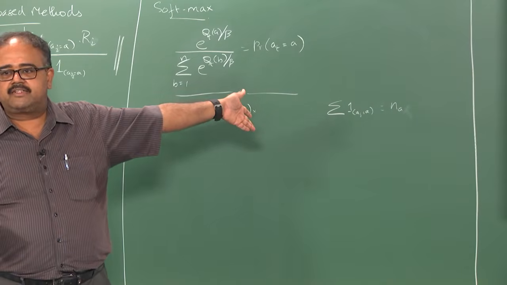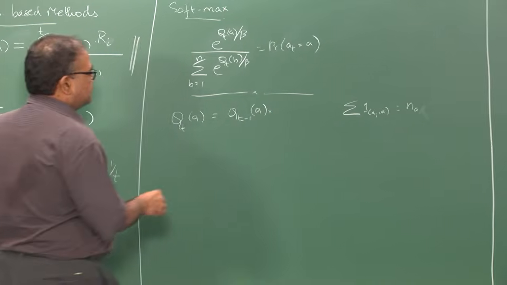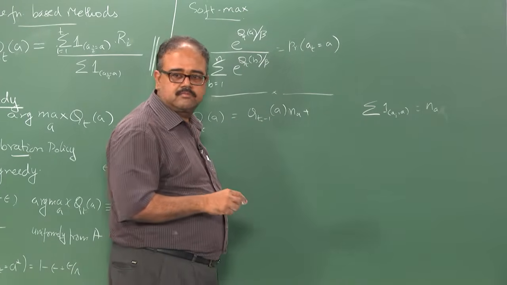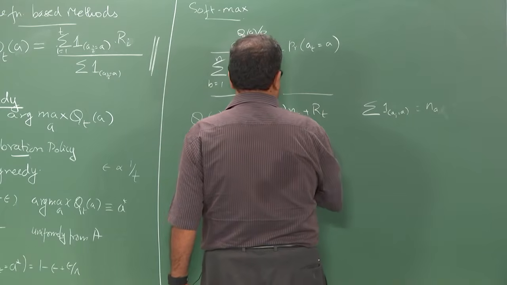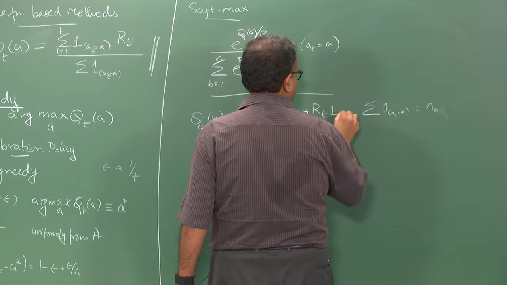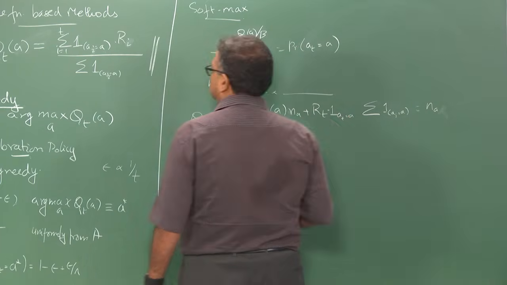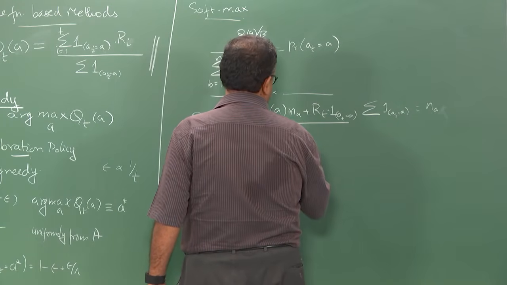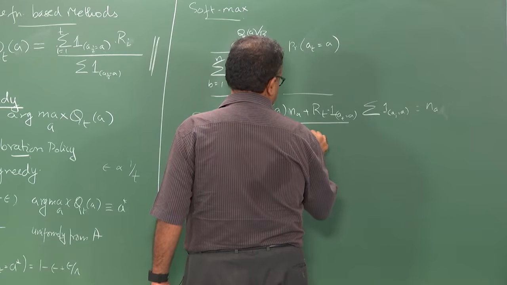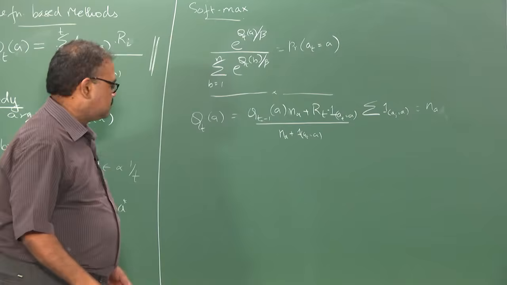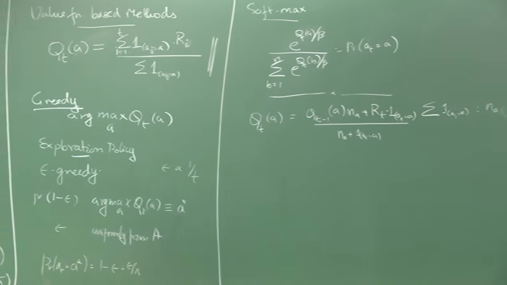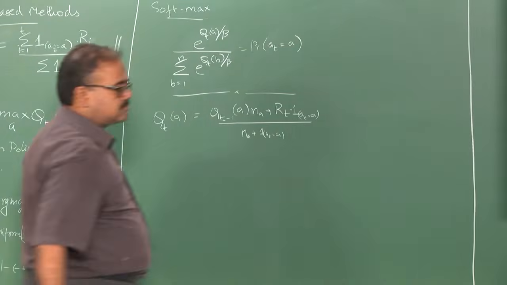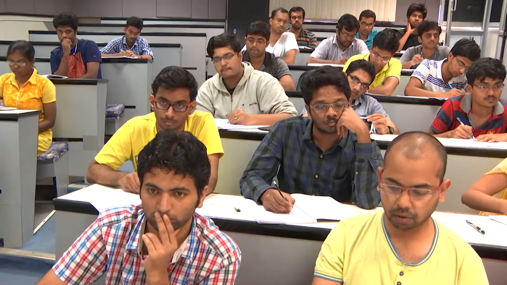The number of times I have taken action a, I will denote by N_a. Do people agree with that?